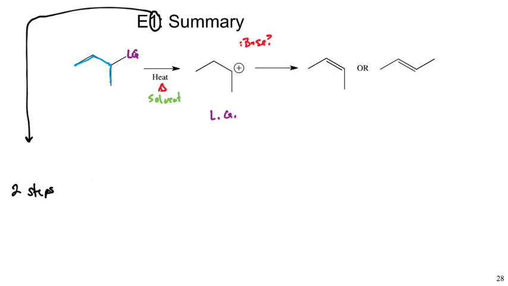Okay, that 1 means carbocation. And if you remember that it means carbocation, that actually tells you that you need 2 steps. Because if it did the elimination in 1 step, you wouldn't form a carbocation. So if you know carbocation, that tells you 2 steps.